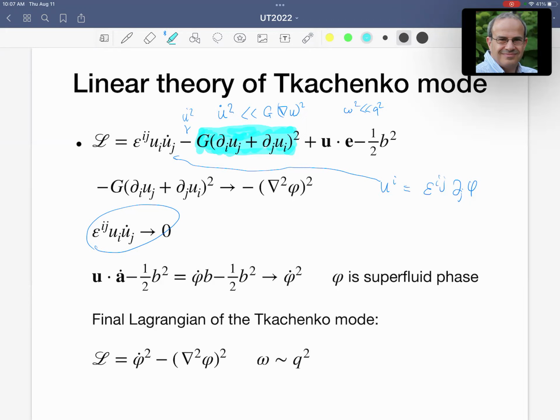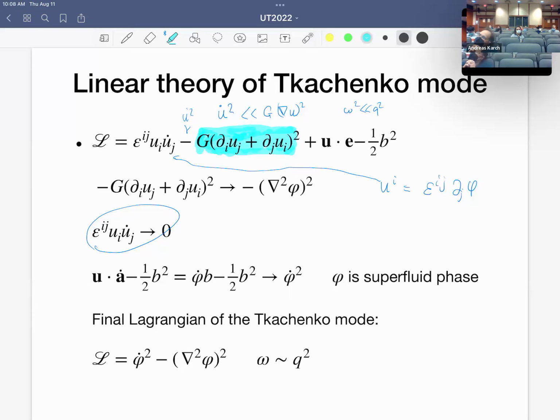My problem is only with the logic that leads to it. At the end of the day, the calculation shows that this u u dot term can be neglected. But I don't understand why the argument that I just gave doesn't work.